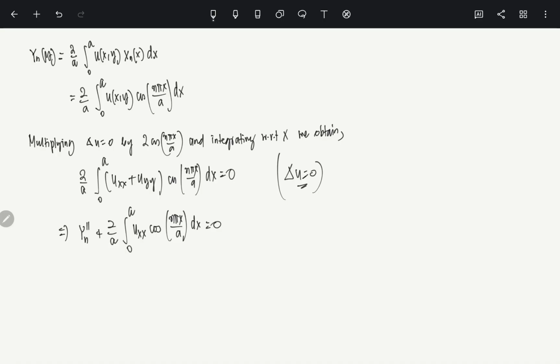And if you integrate the second term by parts, what do you get? Integrating, we get Yn double prime of y minus (n pi by a) squared Yn of y, this is fn of y.